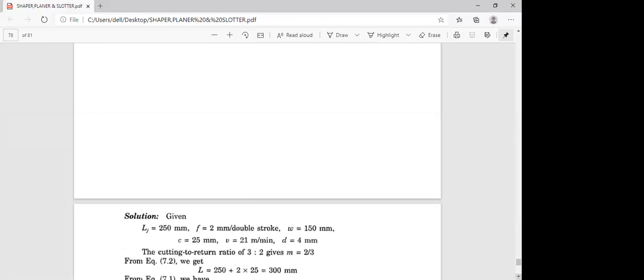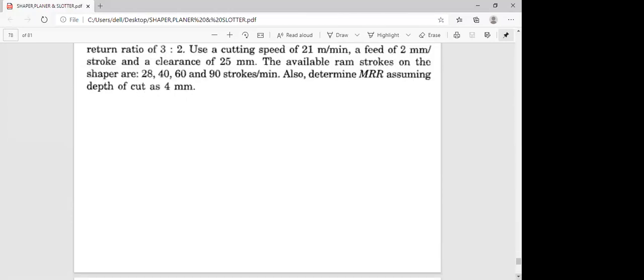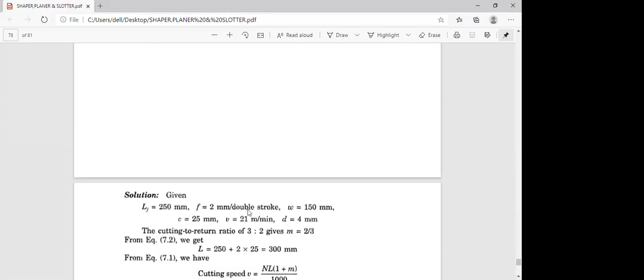LJ is the length of the job. F is 2 mm per double stroke. Though it is not given as such here, you have to take it per double stroke in the formula, because of a typing mistake or something; you have to be very careful there. The width is 150.